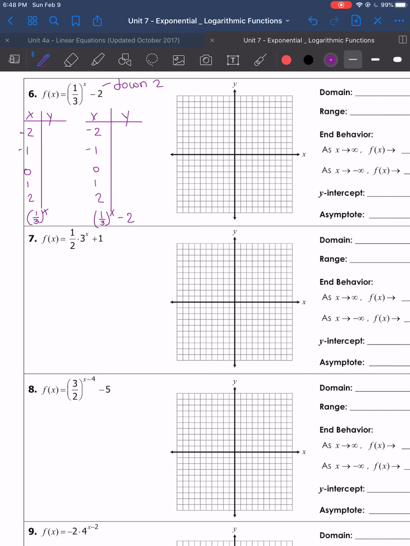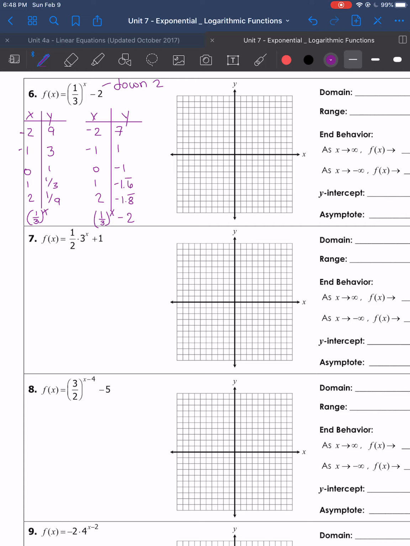So when I plug them in, I'm going to get 9, 3, 1, 1/3, and 1/9. And then I'm going to want to subtract 2 from everything. So I'm going to get 7, 1, -1, -1.6 repeating, and -1.8 repeating.